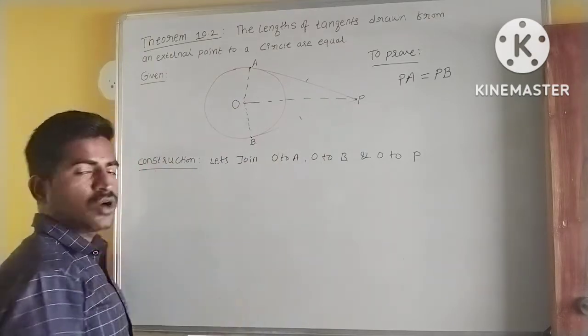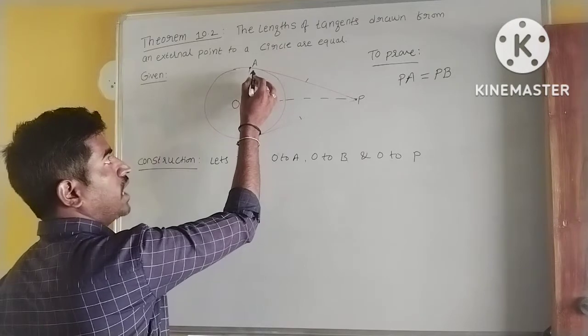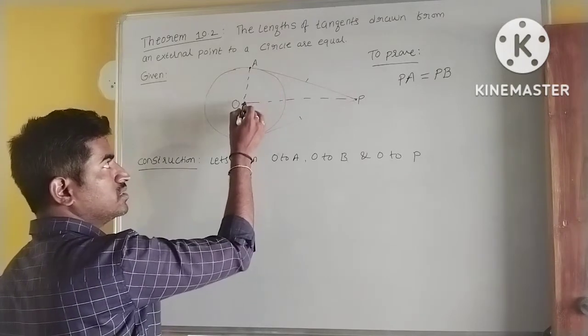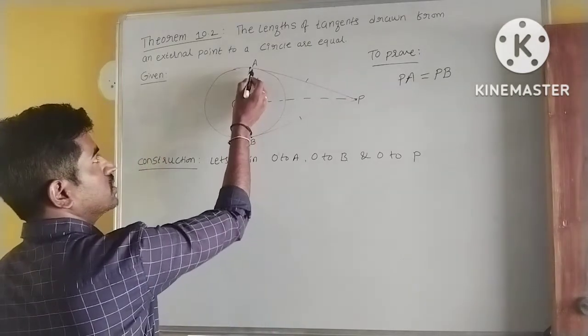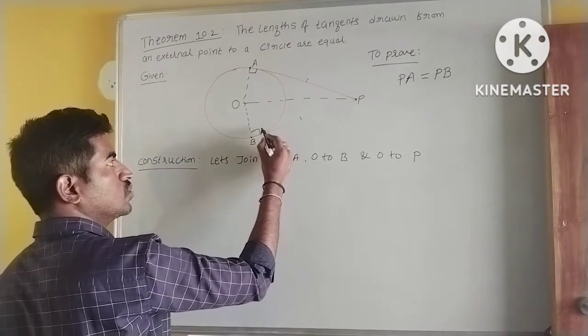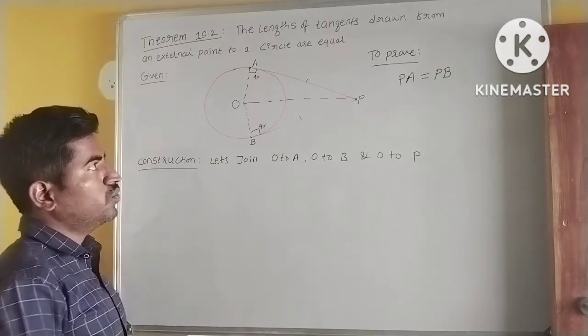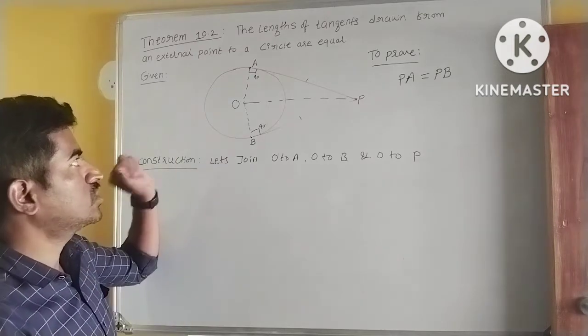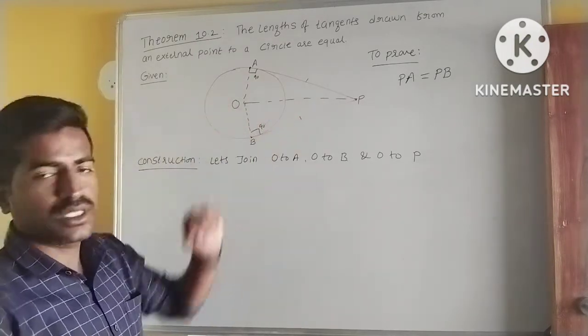Now we already know from the theorem 10.1 that the angle between the radius and the tangent is 90 degree, right? The angle between these two is 90 degree, angle between these two is also 90 degree. Now we will consider the two triangles OAP and OBP.